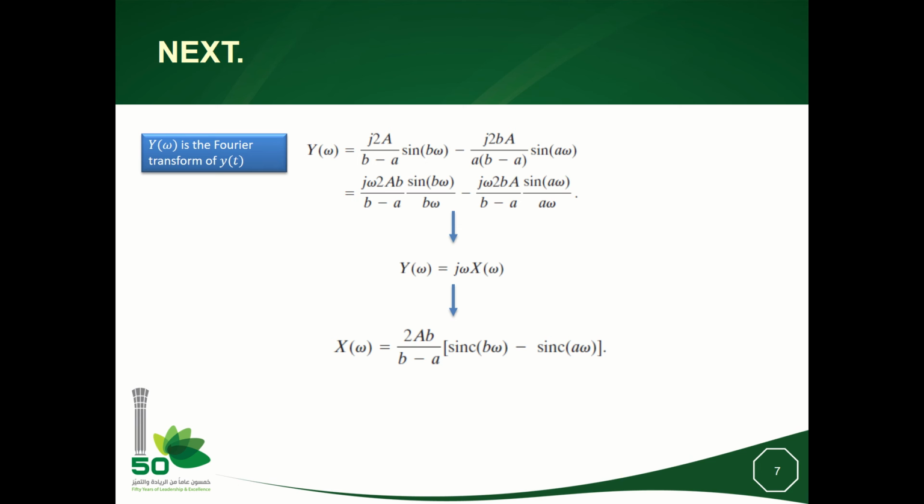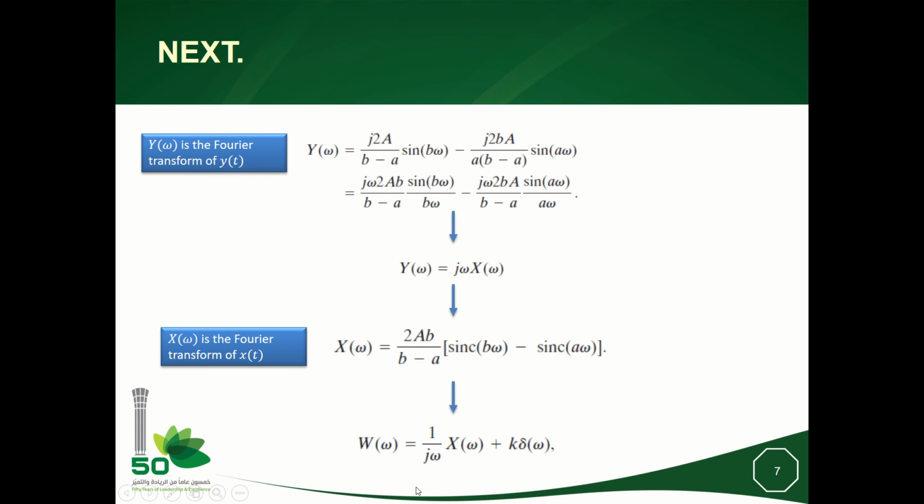When I divide Y of omega by j omega, I will get X of omega. And X of omega is the Fourier transform of x(t), and x(t) is the first derivative of the signal with respect to time.